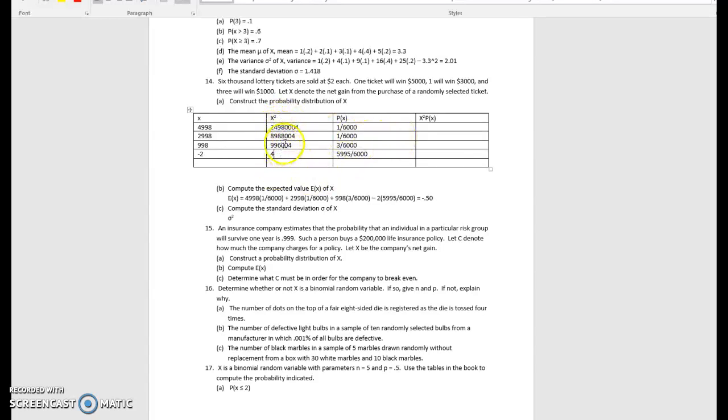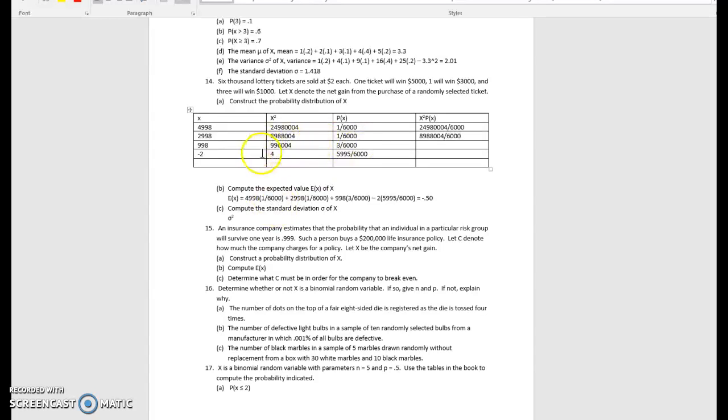Now we're going to take this new column and multiply it times our p of x column, our probabilities. And since they all have the same denominator, let's just multiply this, thinking of it as being over 1 times the numerator. So we will end up over here with 24,980,004 over 6,000. And then if we multiply our 8,988,004 times the 1 on top, we're going to get 8,988,004 over 6,000.